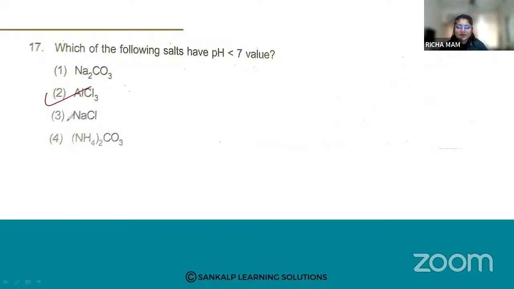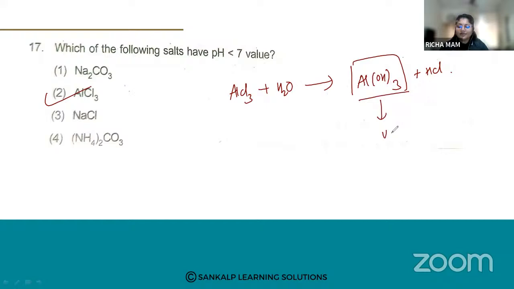So the answer is the third one. When you add aluminum chloride in water, it gives aluminum hydroxide plus HCl. This aluminum hydroxide is a weak base, and we know that HCl is a strong acid.